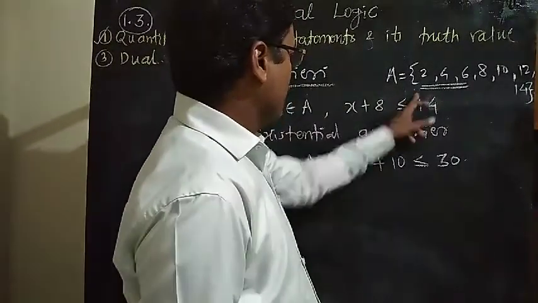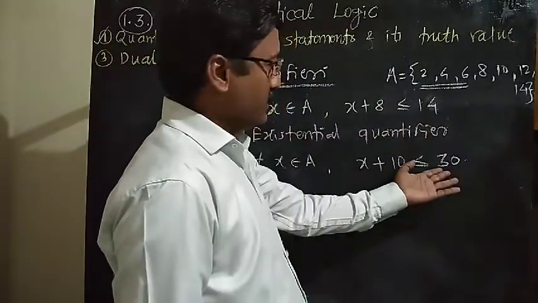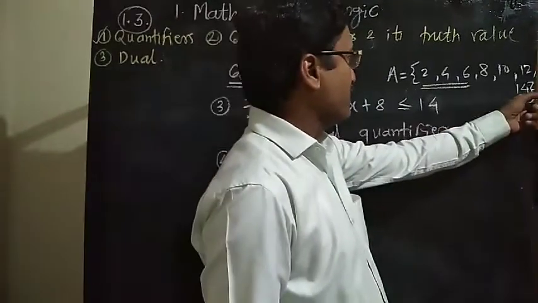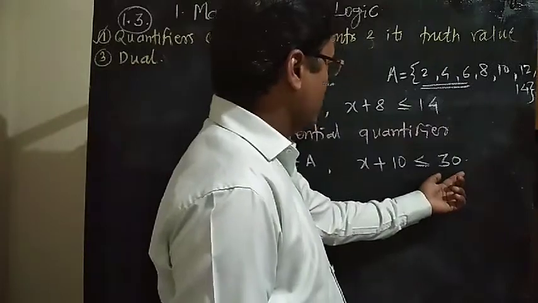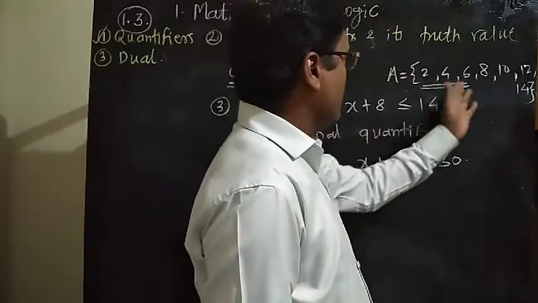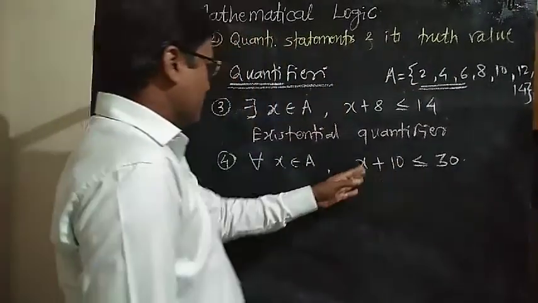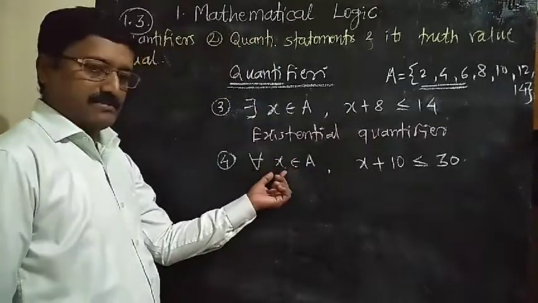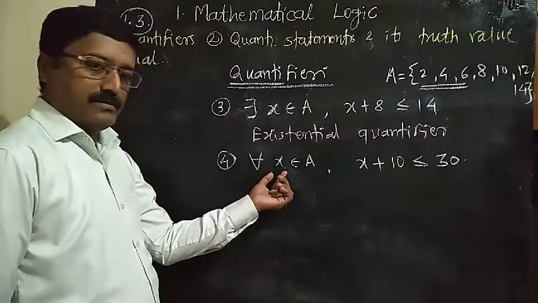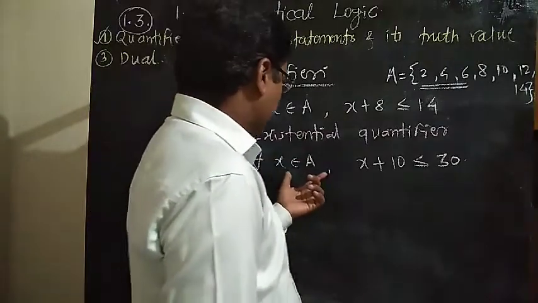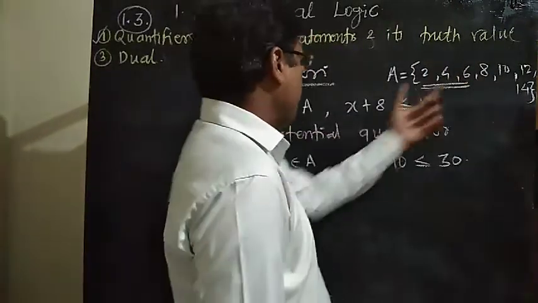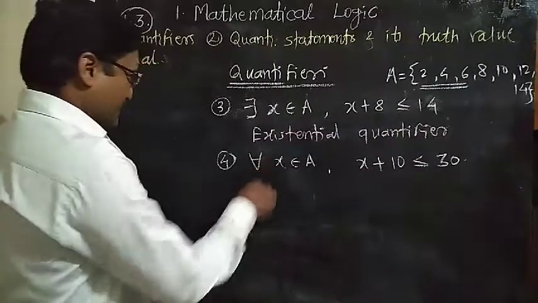If you put the value 2, then 10 plus 2 is 12, obviously less than 30. Let us take the maximum number, that is 14. 14 plus 10 is 24, which is also less than or equal to 30. So each number in this set satisfies this condition. Therefore, it is true for all x. Understood? If this condition is satisfied by each and every x, then this all is correct.